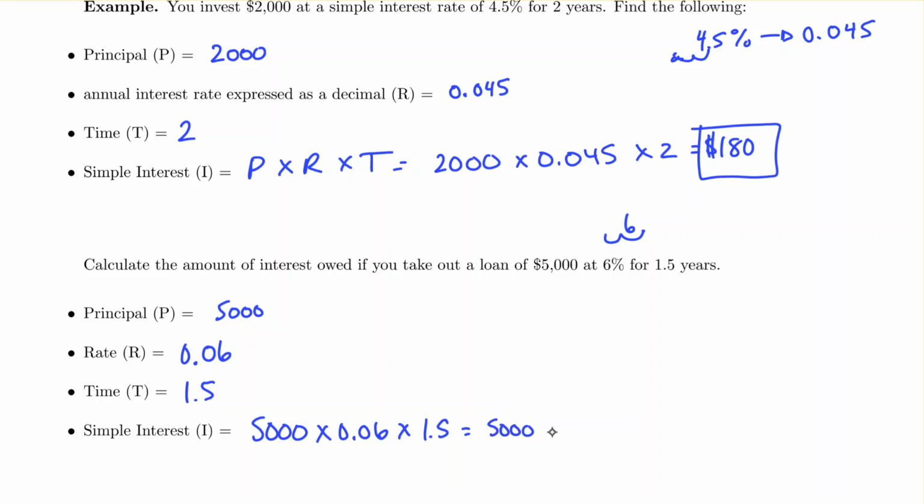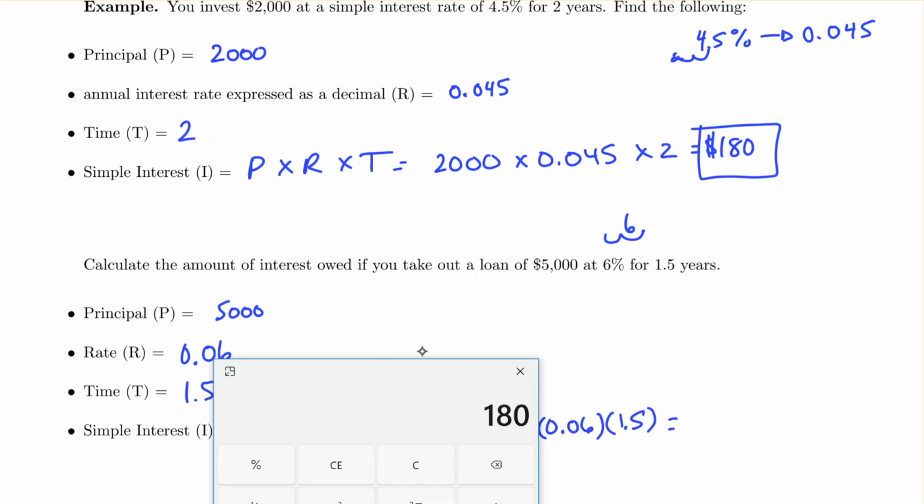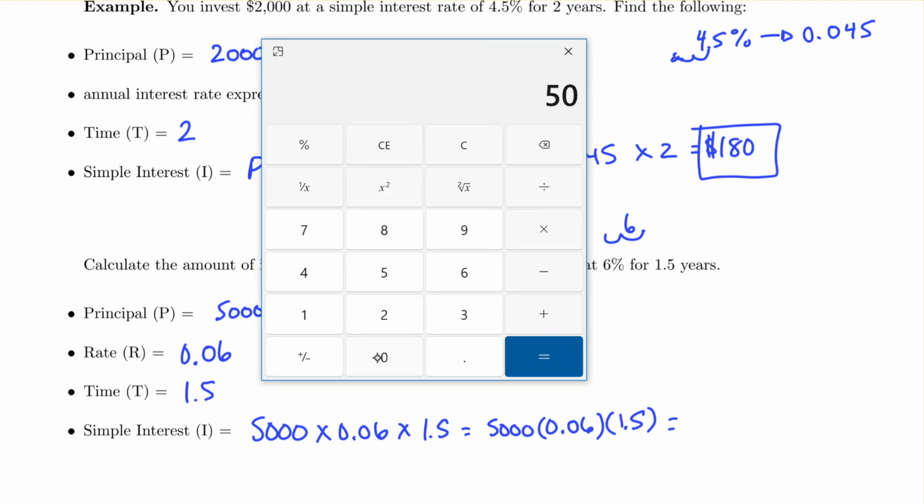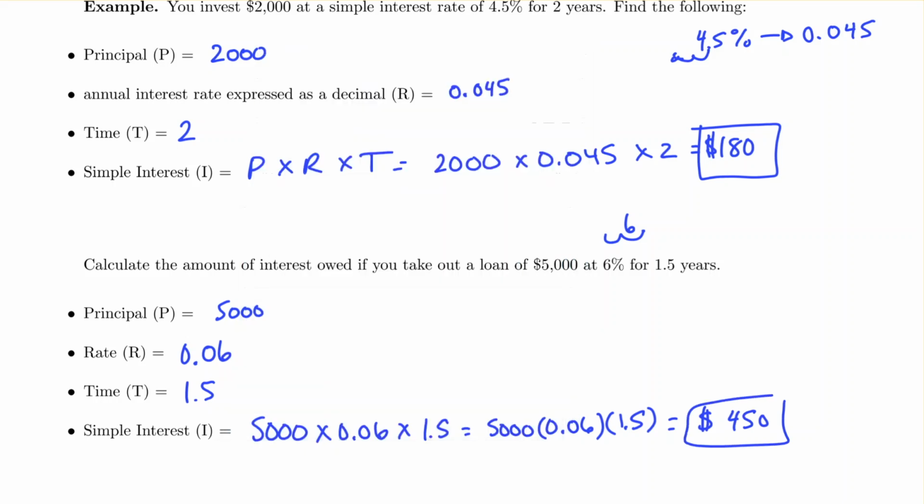You could also just write this in parentheses, just based on your preference. They're the same expression. And that'll be $450 owed as interest on this loan. That's for a simple interest rate loan, because we're only taking out an annual interest calculation each year for the amount of the loan length.